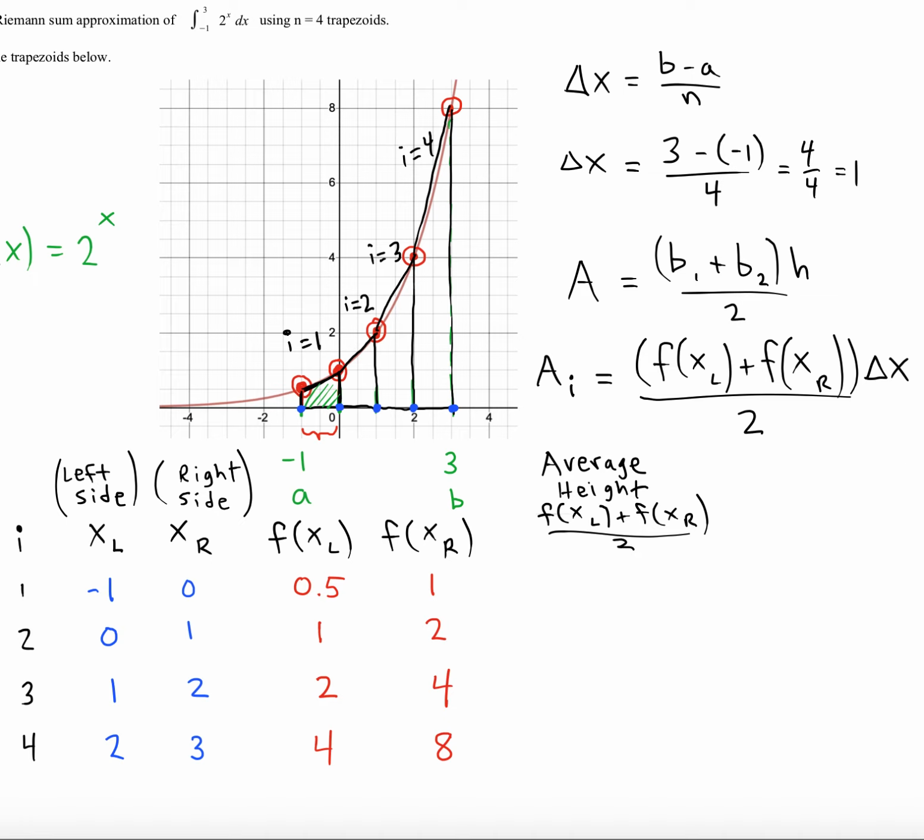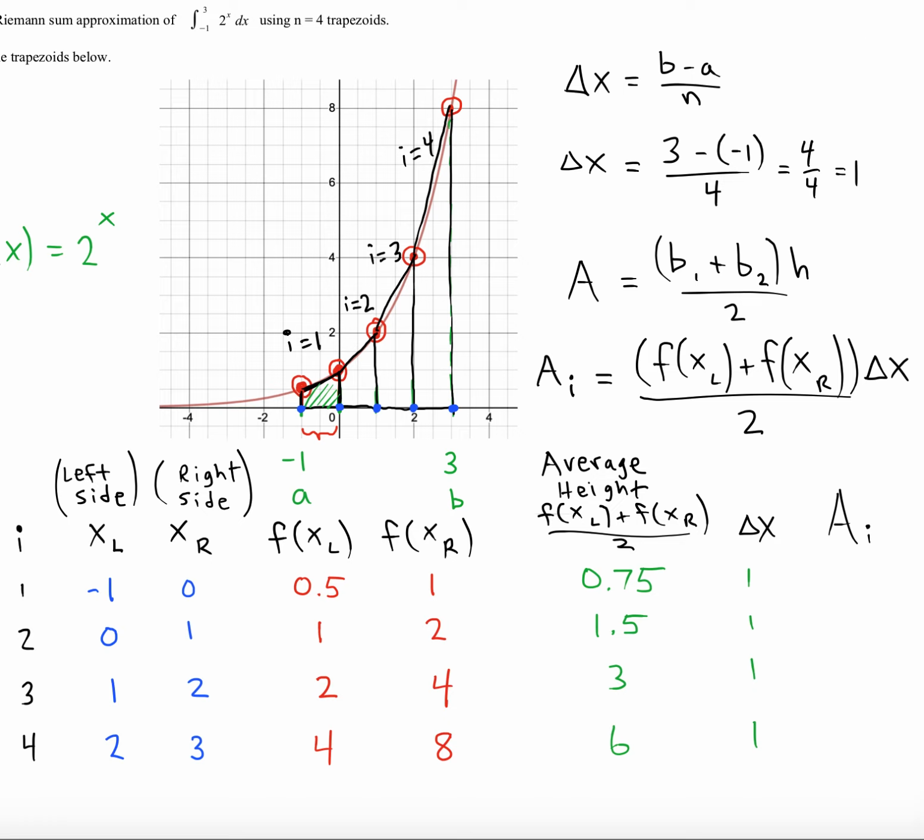Okay, so the average height is going to be 0.75, 1.5, 3, and 6. We can put in our delta x. And then finally, the area of each trapezoid.